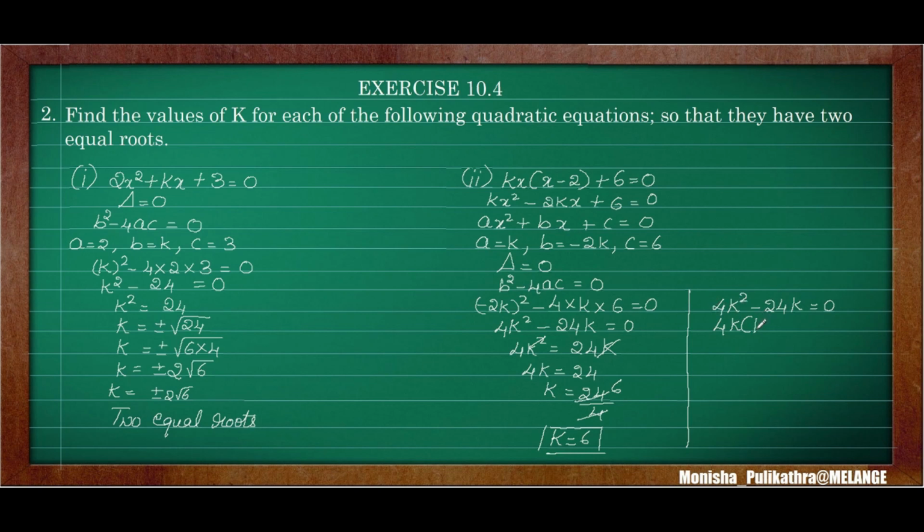If I take 4k common, the remaining will be k minus 6 is equal to 0. Here two equations we will get: one is 4k is equal to 0 and another one is k minus 6 is equal to 0. Here k is equal to 0 by 4, which is 0, and k is equal to 6. You can do either of this. I hope you understood this problem.